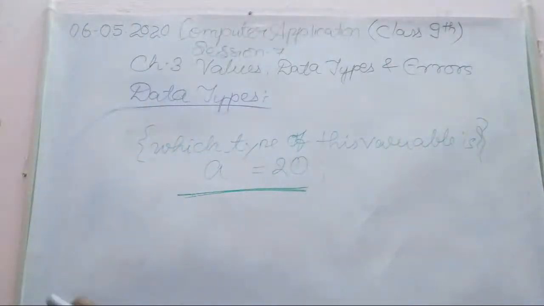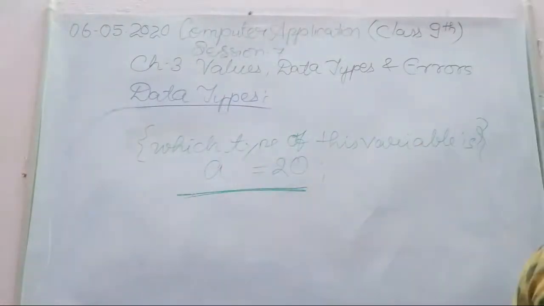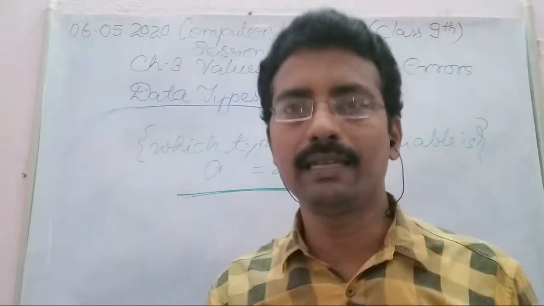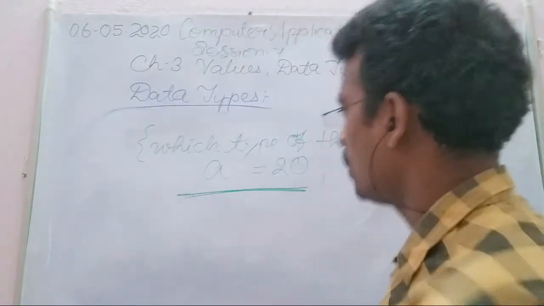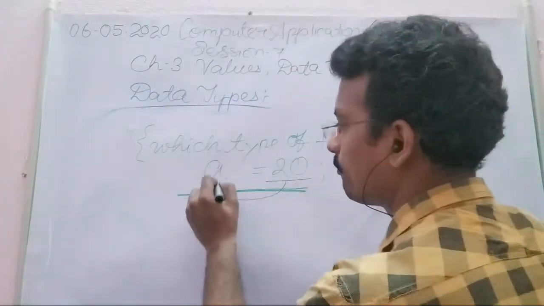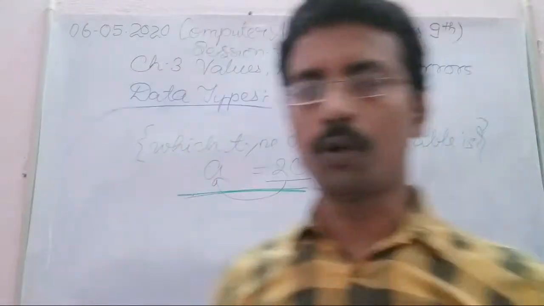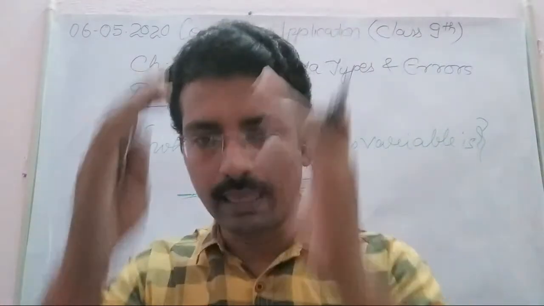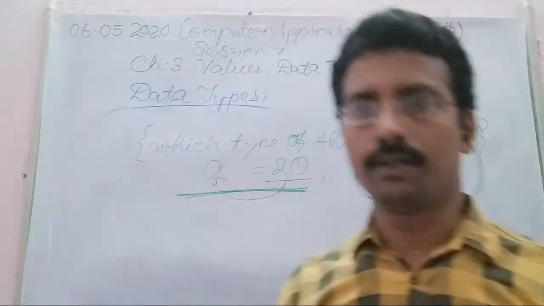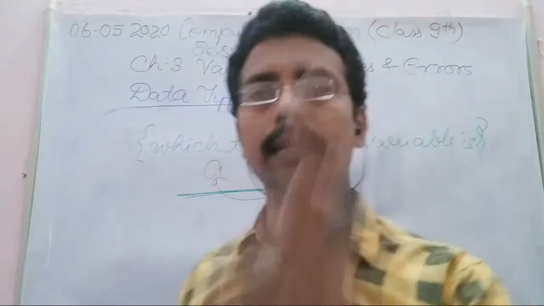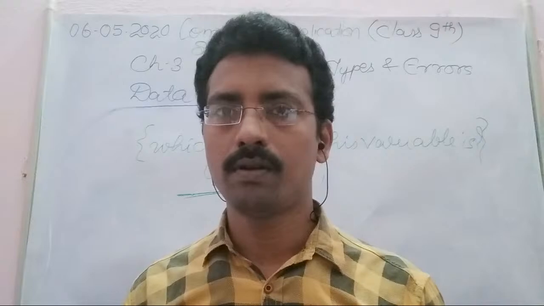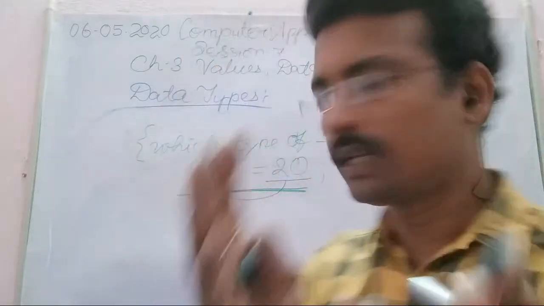That's why, when we use a statement like this in Java, it will not execute. Why? Because we are going to store 20 for A, and A requires memory, and that memory is assigned with the help of the data type. Hope clear? If you are not clear, keep watching.